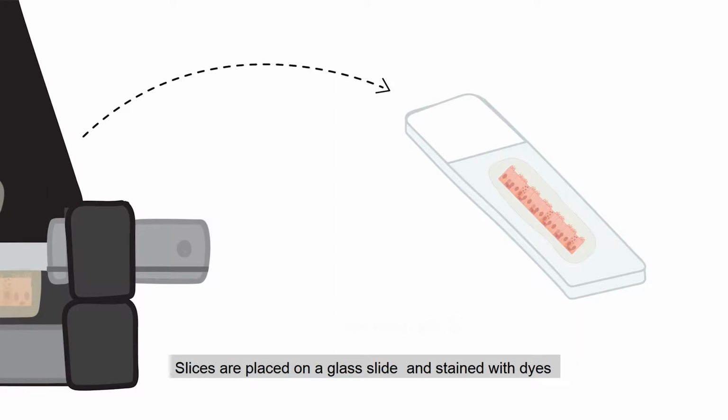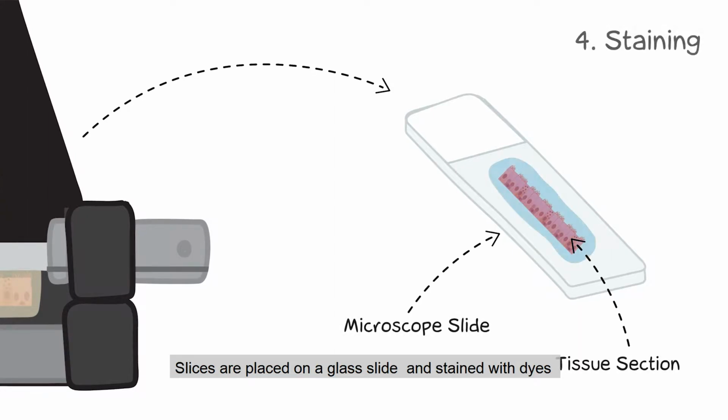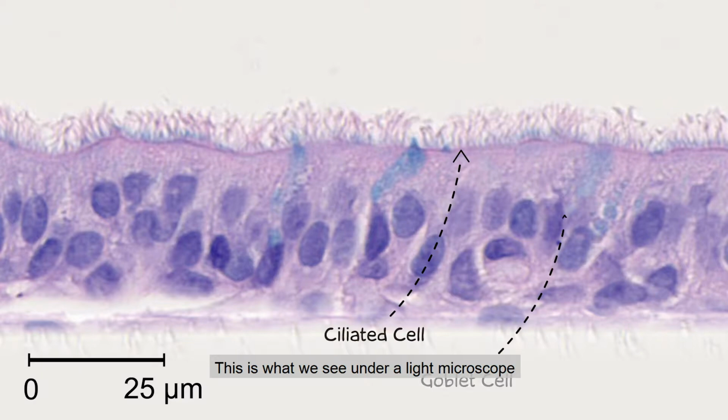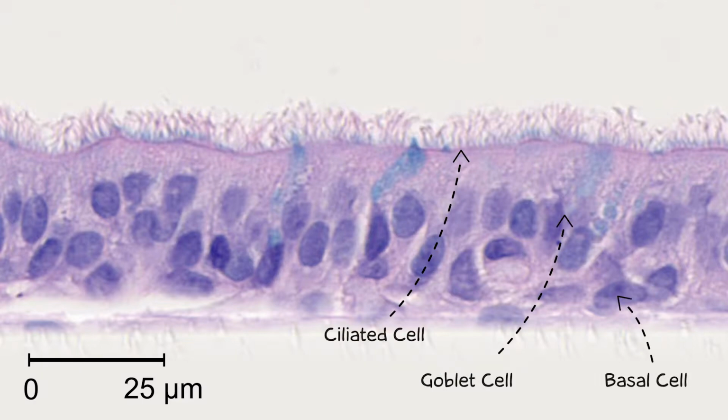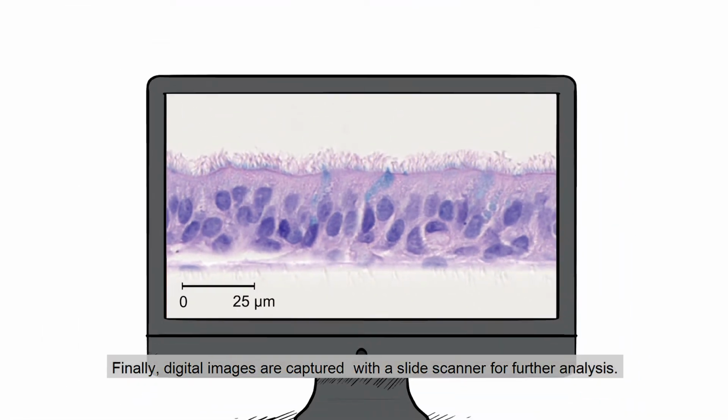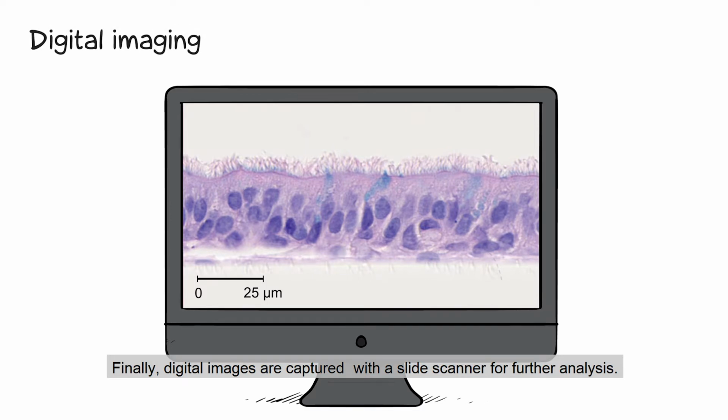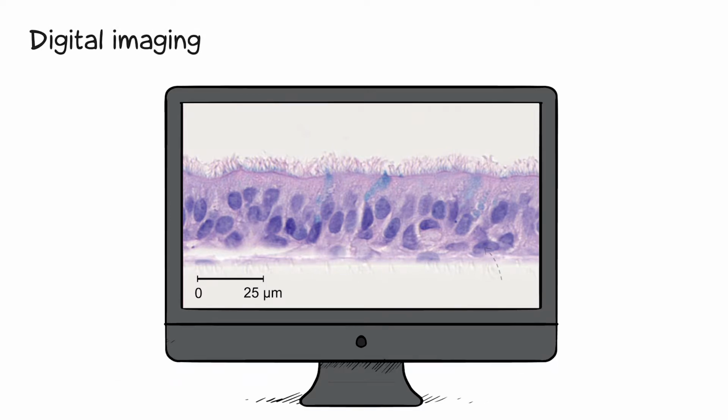Slices are placed on a glass slide and stained with dyes to give both contrast to the tissue as well as highlighting particular features of interest. This is what we see under a light microscope. Finally, digital images are captured with a slide scanner for further analysis.